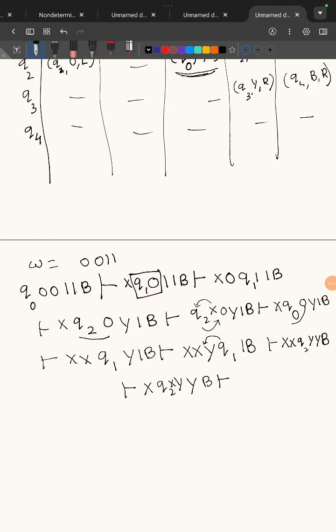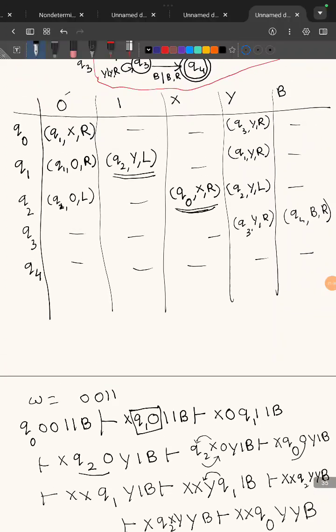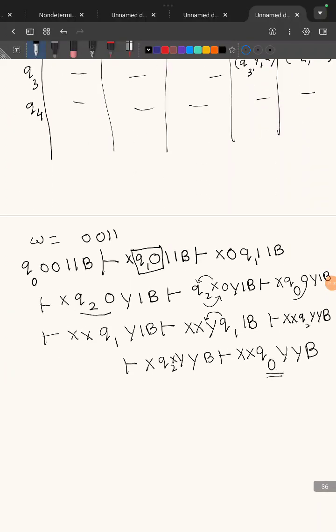Now again Q2, it is X. If it is Q2 and X, we will go to the Q0 state. So it will become X X Q0, then Y Y B. Q0 on Y, we will be going to Q3 and moving towards the right-hand side direction.